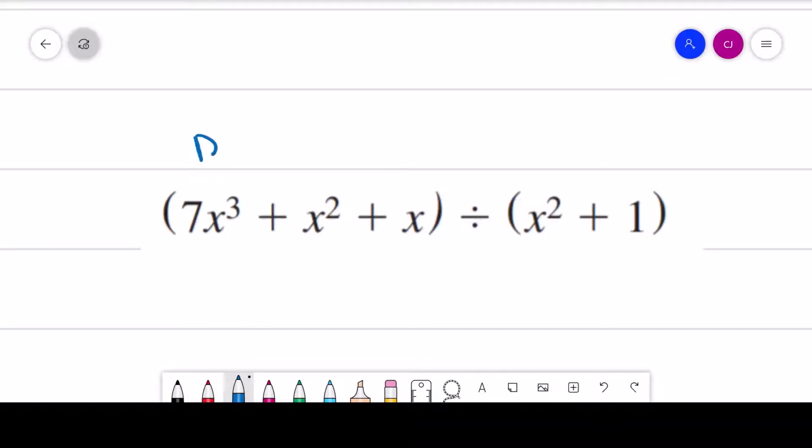The dividend is going to be the expression that will be going inside the division bracket. The next thing I'm going to identify is my divisor. This is going to be my divisor, okay? So now that I have that set up, I know my dividend goes inside my division bracket and my divisor goes outside of my division bracket.